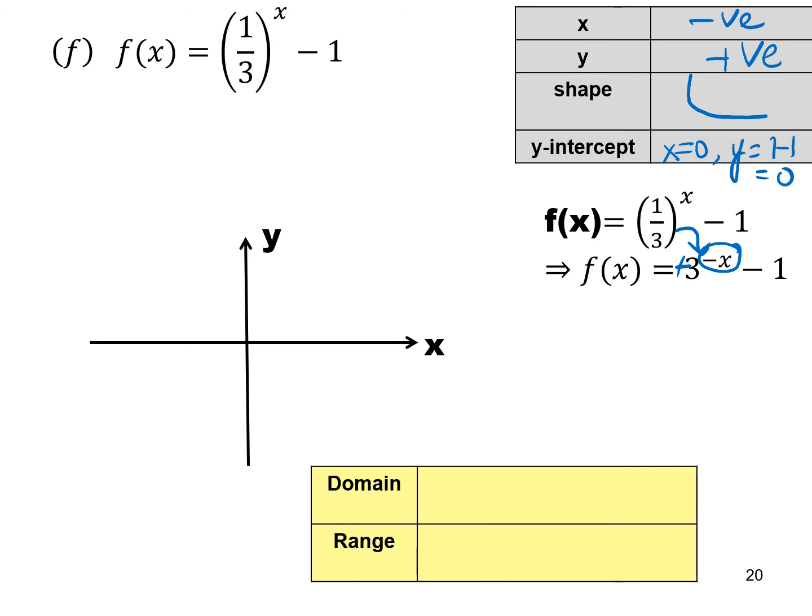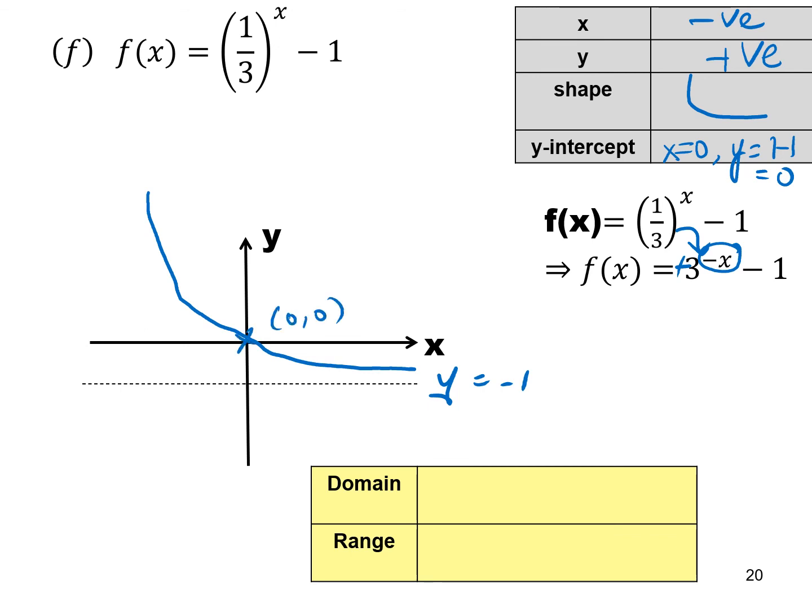So we have y equals negative 1, and then intercept at 0, 0. So the graph is like this. Okay, here is 0, 0. So the domain is negative infinity, infinity, and the range is negative 1, infinity.